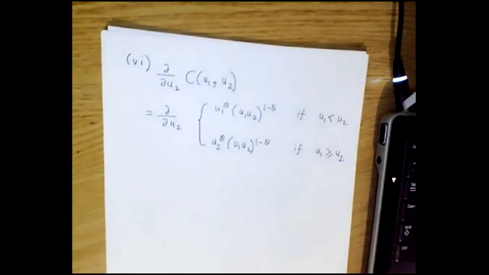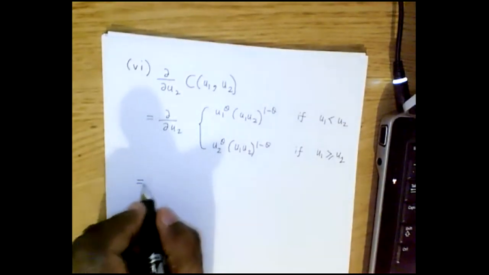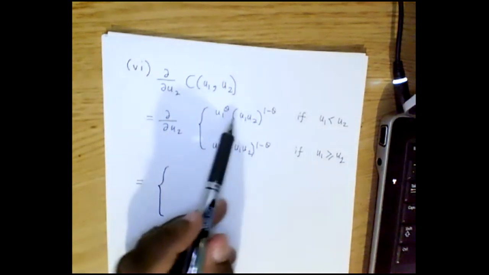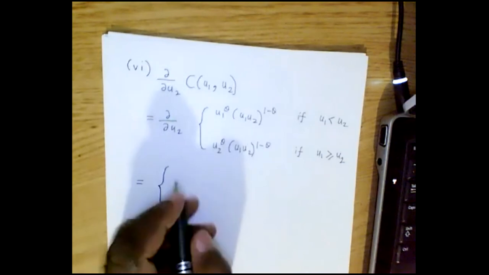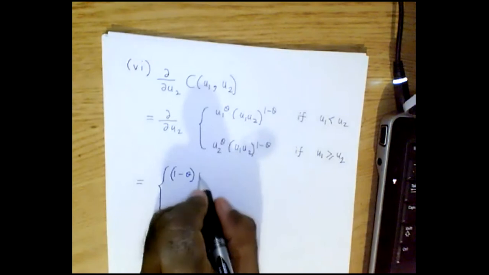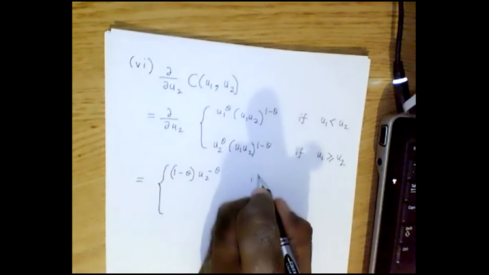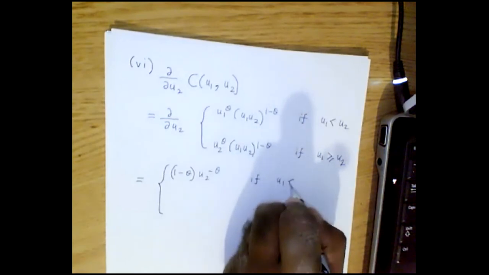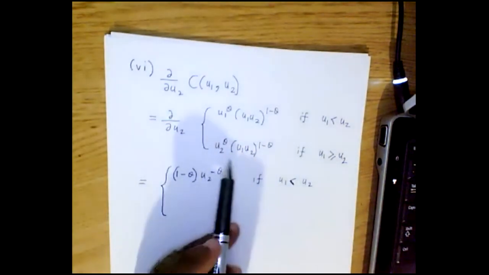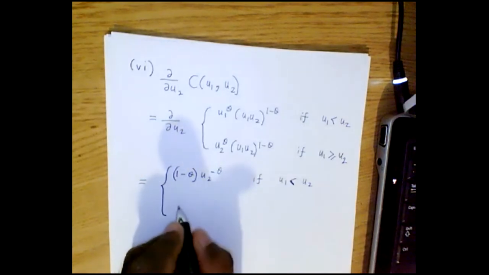Okay, now if you take the derivative inside, you will get the following. The derivative of this with respect to u2, right, is gonna be this. Yeah, that's if, and the derivative of this with respect to u2 will be u1.